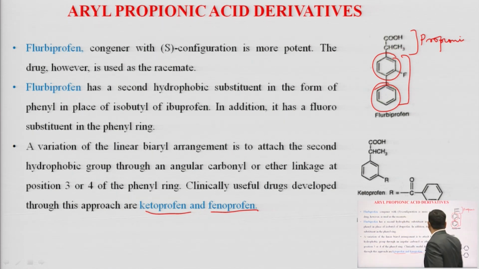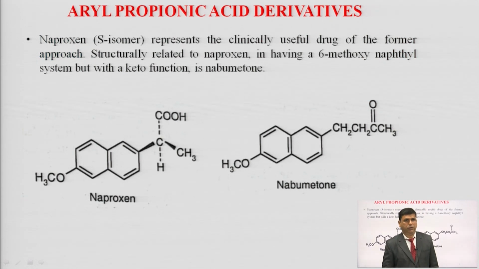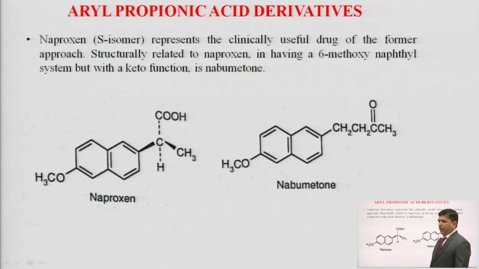Here it is ketoprofen, with the substitution of the R group, COC6H5, and in fenoprofen, OC6H5. Another example of this aryl propionic acid is naproxen and nabumetone.